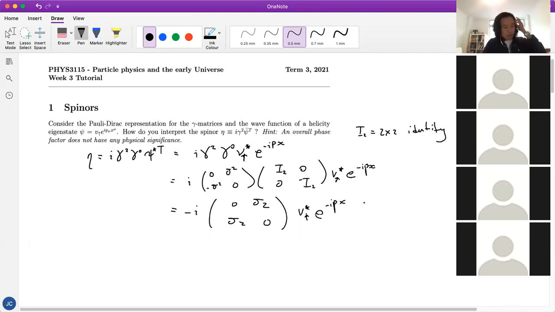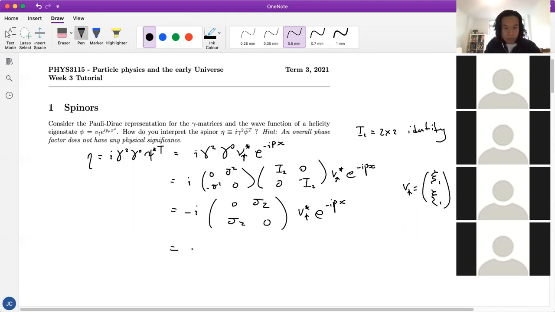Now I want to write this out in terms of the two spinors as well. If you remember from the lectures, v up is this, I always forget what this one's called, psi, something. They're really hard to draw. In this case, it will just be this, but each one of them will be starred, so conjugated.